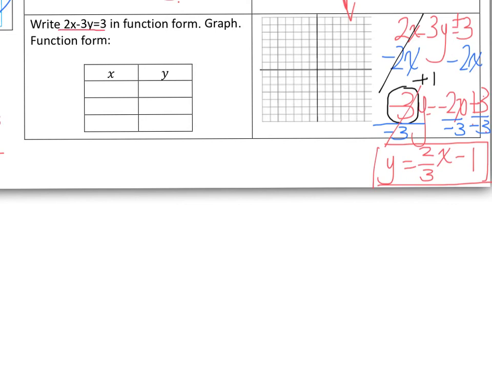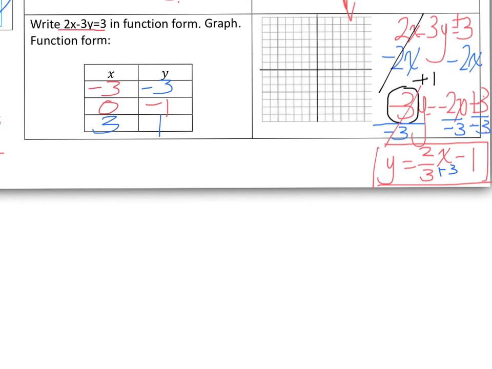Okay? And to graph this, I could pick 3 random points. When x is 0, y is -1. When x is -3, if I plug in -3 here, then I would get -3. And if I plug in positive 3, it will be 1.